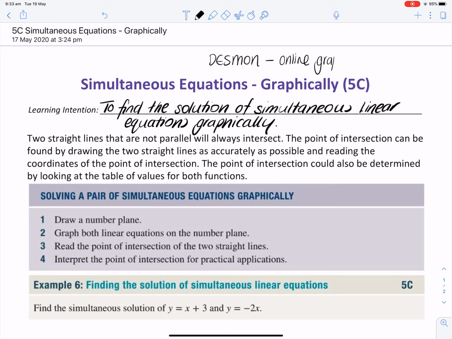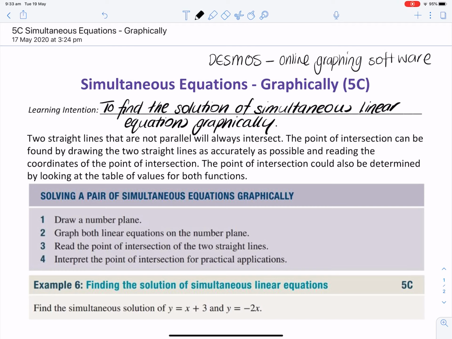Just write it there. After I explain this example, I will show you the exact same example using Desmos so that you can see how it works.